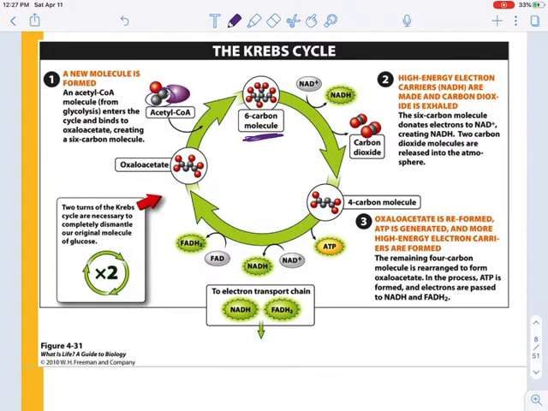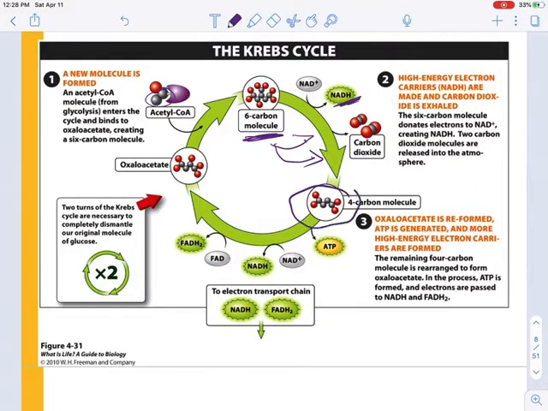And we're going to take that 6-carbon molecule and we're going to remove 2 carbons from it. So we'll do a round, remove a carbon dioxide to form a 5-carbon structure, alpha-ketoglutarate, and then we do it again to form succinate. Every time we remove a carbon dioxide, we generate a molecule of NADH.